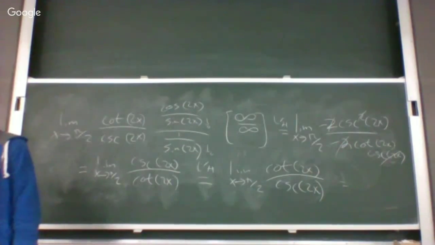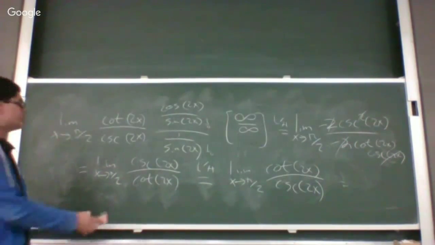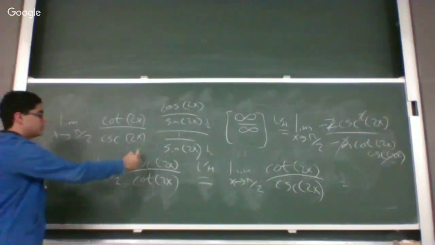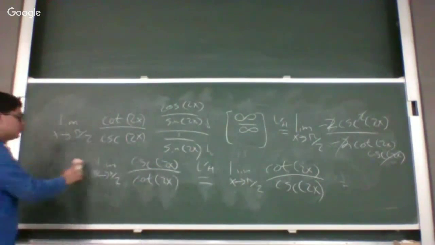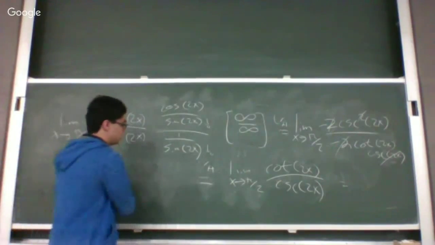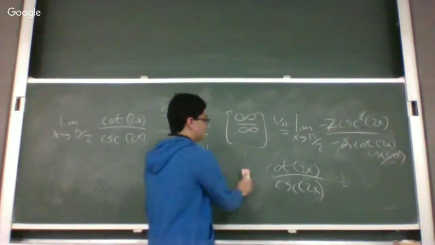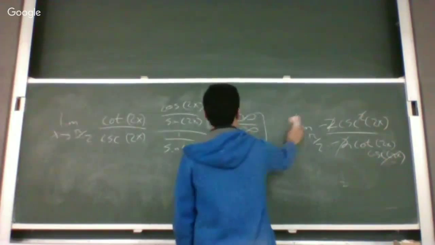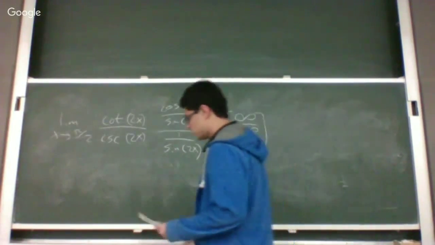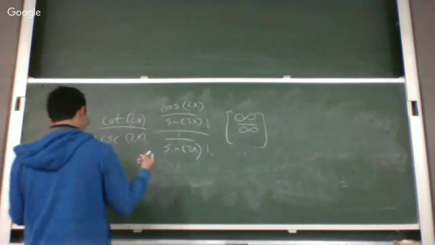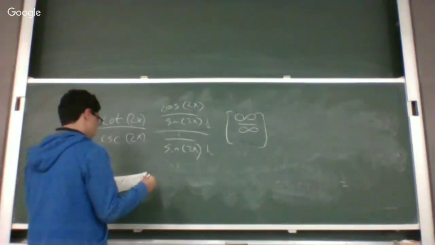Okay? Did that make sense to everyone? If you keep doing L'Hopitals and you get the same thing over and over again, one thing you can try is to simplify it. And if you can't simplify it, then the answer will be does not exist. But in your case, you will be able to simplify it. So for this one, we can see that the signs go away.